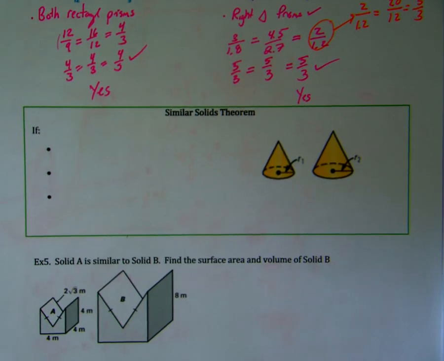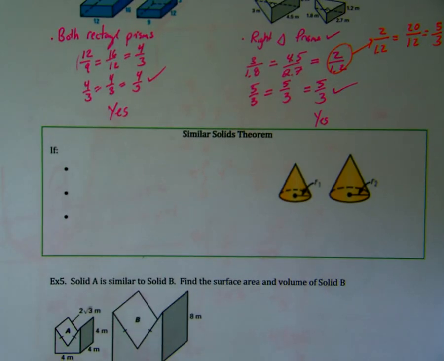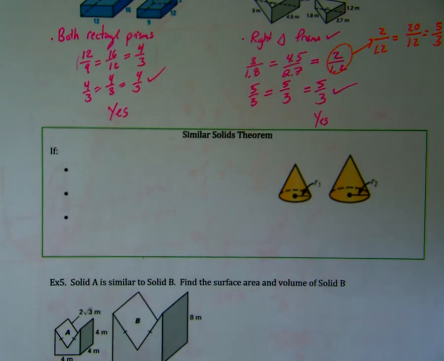Now the last part, the last whole section, is on similar solids. And the main takeaway from this was actually something, if you'll remember, was in a homework assignment that we did a long time ago. And I made sure to go over the homework question that referenced this on the sideboard in both of the sections. Okay?